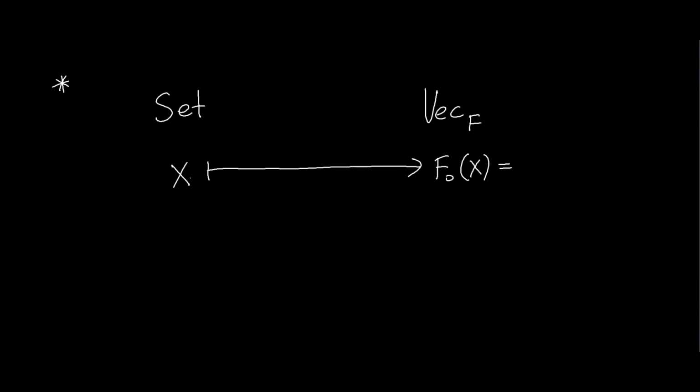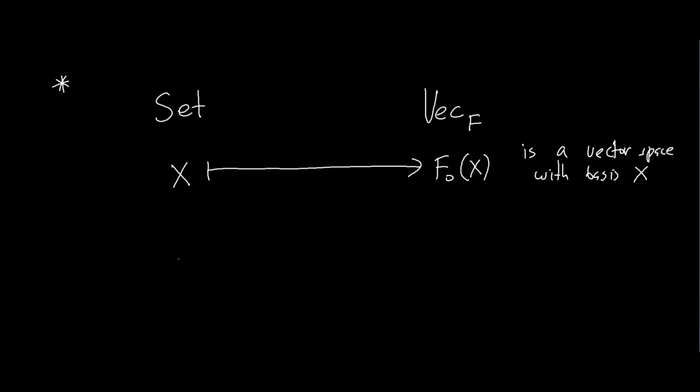So we take the elements of X and all their linear combinations. That's right. So this will be a vector space with basis X. And there is a theorem in linear algebra that says that for every set, a vector space with basis that set exists.